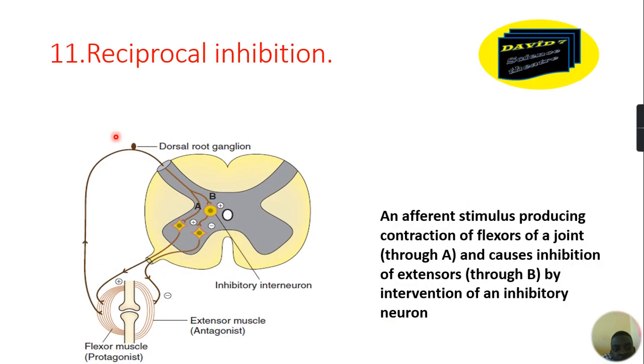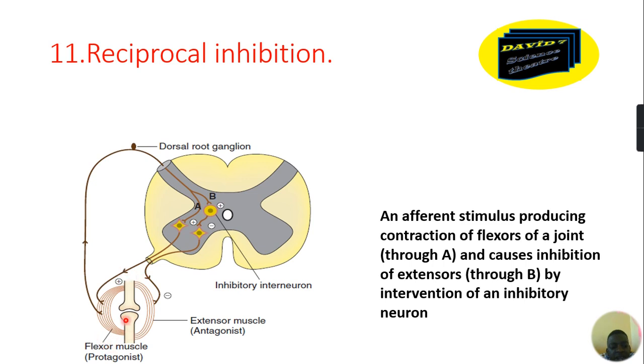So that is reverberation, or back to back. Okay. The 11th property we can talk about is reciprocal inhibition. So in reciprocal inhibition, look at this.